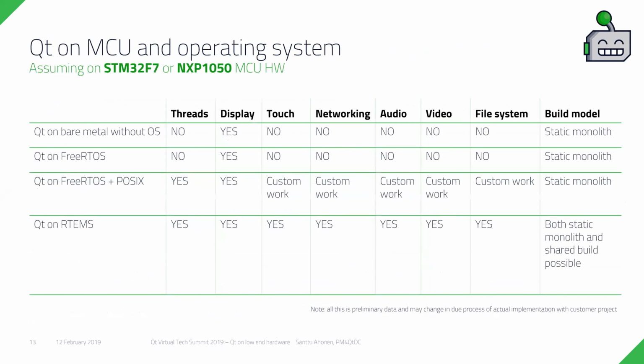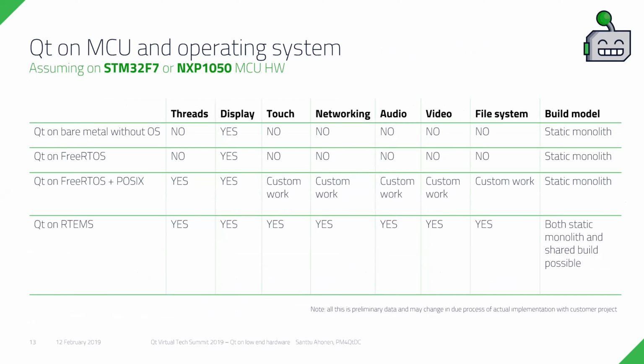On the MCUs, the operating system defines quite a lot of what we can support in Qt applications. We know that we can do bare metal Qt on MCU. We have that running on STM32F7 and NXP i.MX RT1050. But if we do bare metal, we can only support display at this stage, and it's going to be a static monolith delivery into the device.